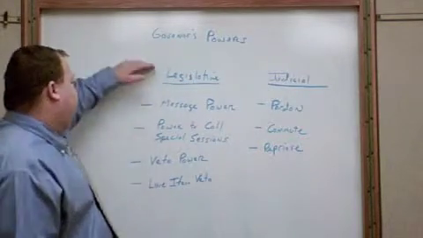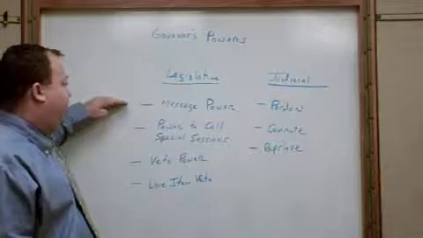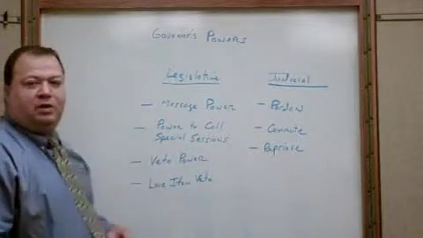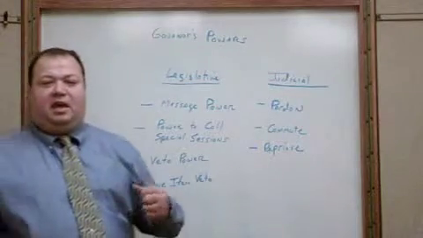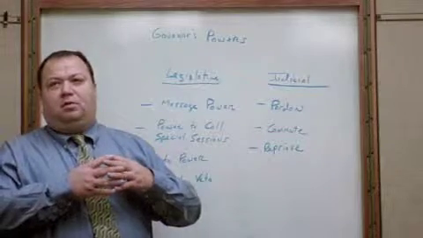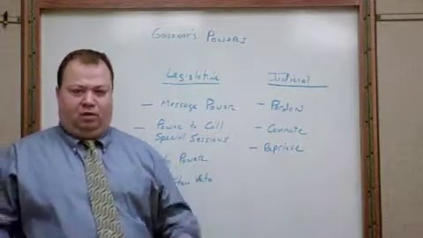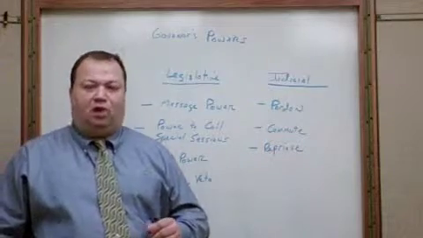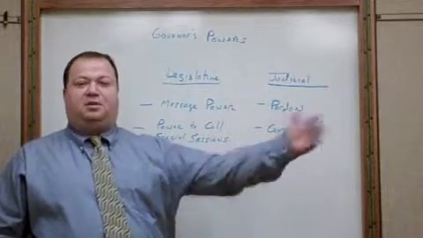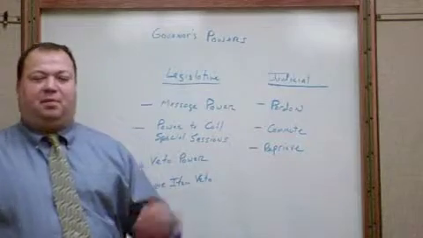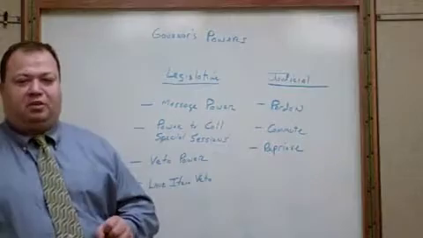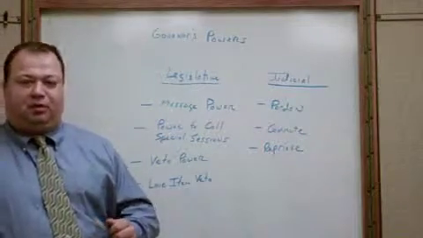For the legislative branch, he has the message power, which says that he can suggest legislation to be put into a bill. So he can suggest laws. Now, the Senate still has to pass that law, but he's allowed to step up and suggest what they should pass and what bill should be looked at.